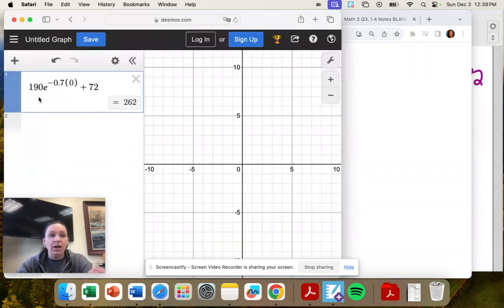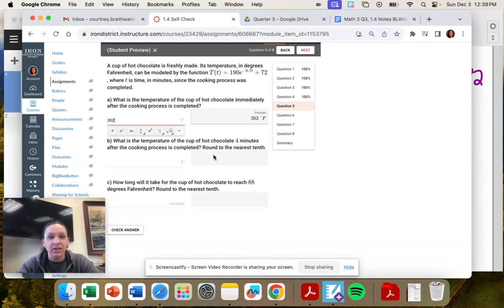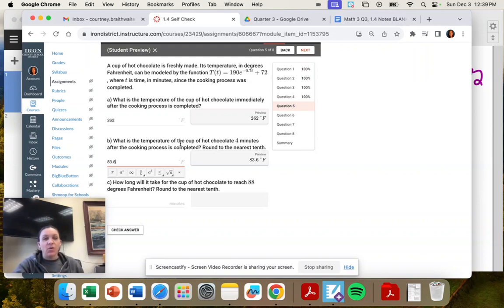And then it's cooling off. That's why we have a negative up here. So after 4 minutes, it's down all the way down to 83.6, rounded to the nearest tenth. So in just 4 minutes, that's cooled a lot.